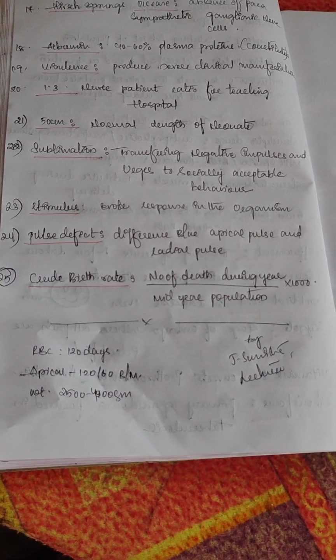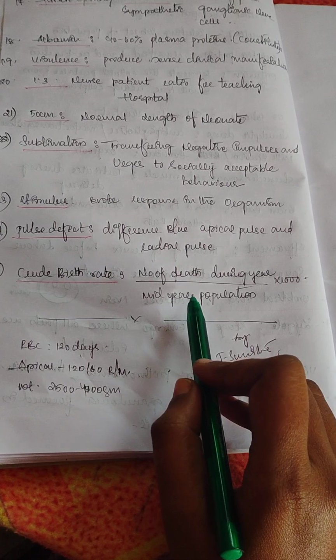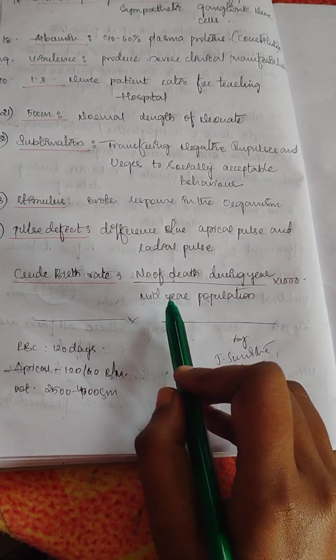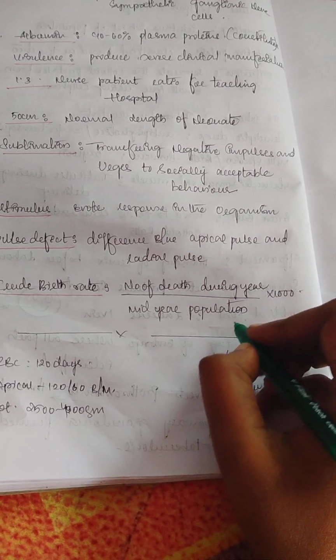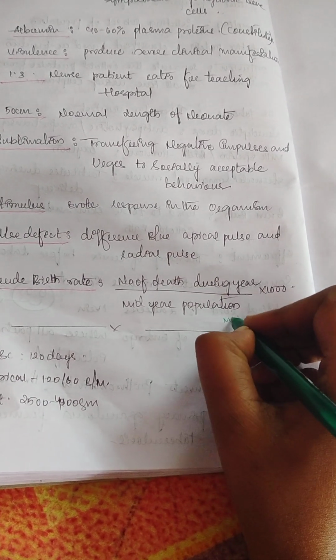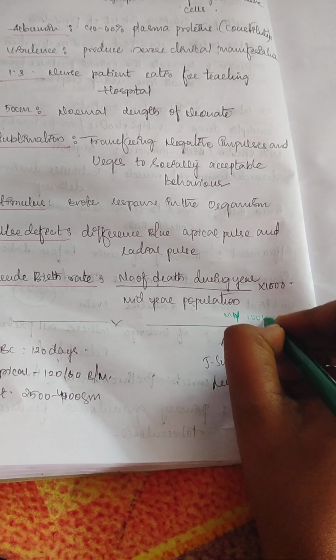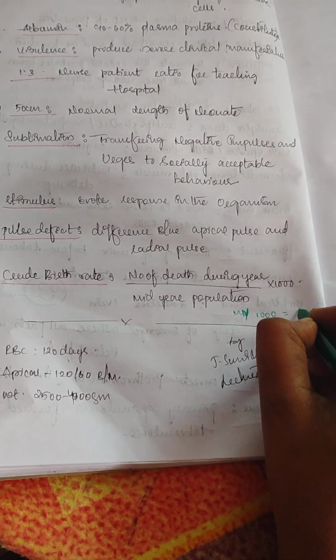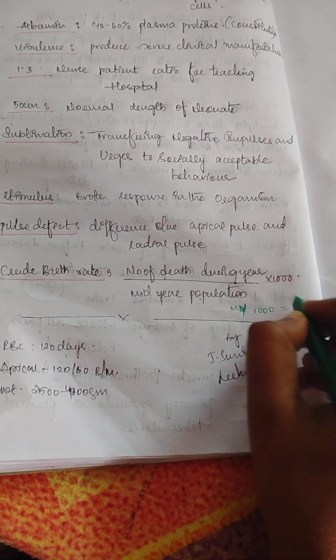Crude birth rate: the formula for crude birth rate is number of births during the year divided by mid-year population into 1000. Okay, and one hint also: number of deaths divided by mid-year population into 1000 is crude death rate.